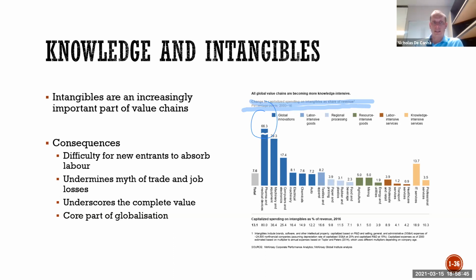There's a couple of other points that we can make about it. When knowledge and intangibles are this big, it is more difficult for new entrants to absorb a lot of labor. So this is an important comment. One of the ways that many economies move from agrarian or agriculture-based economies to modern economies is you move people off farms where they traditionally earned a few dollars a day, and you put them in factories.